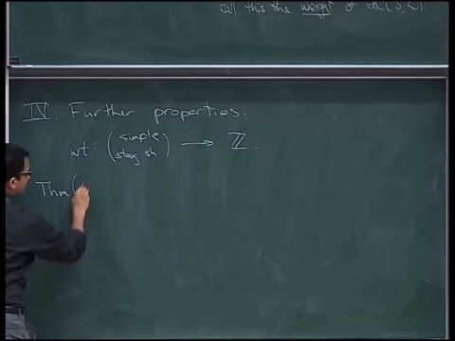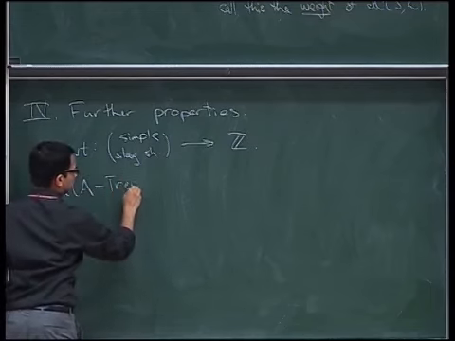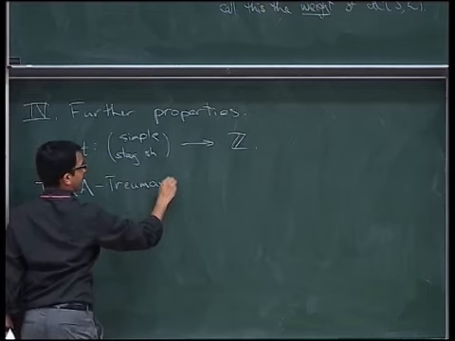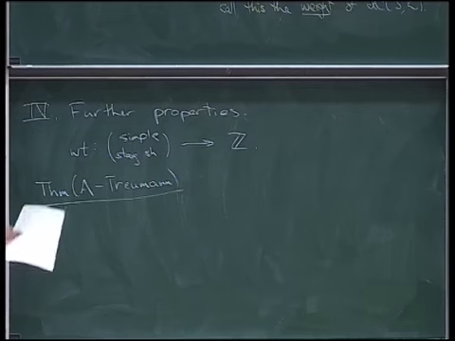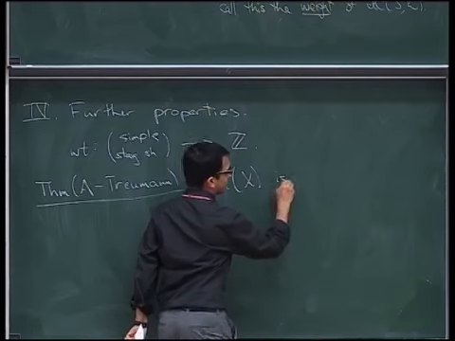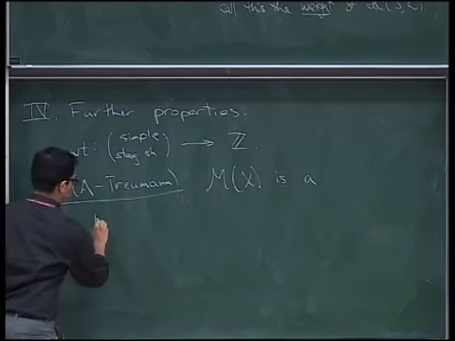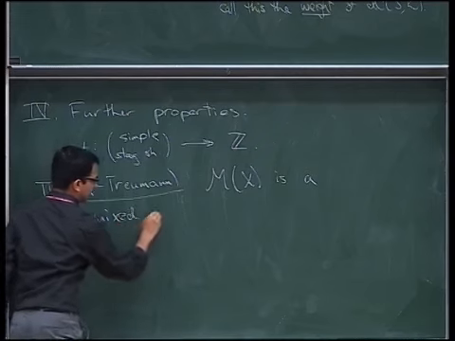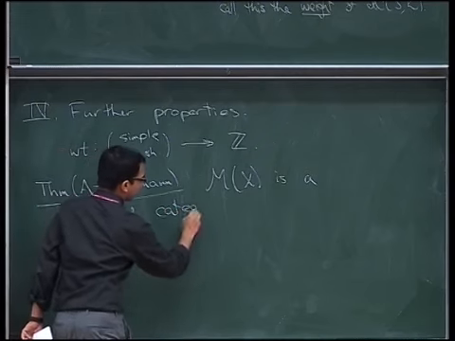The theorem, which is also joint work with David Truman, is that with this weight function, M of X is a mixed category. I'll explain more about that in a moment.